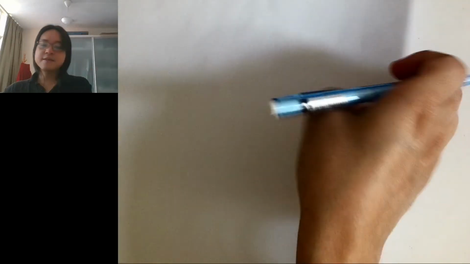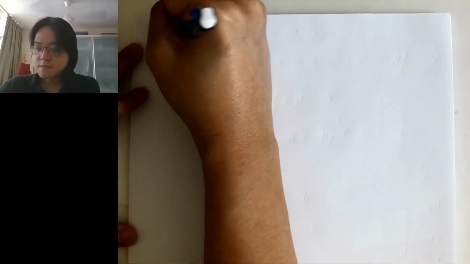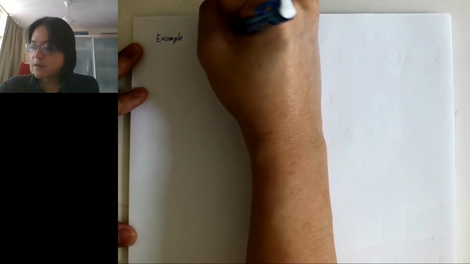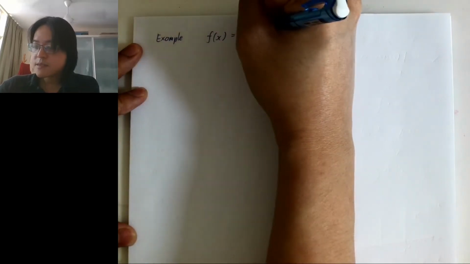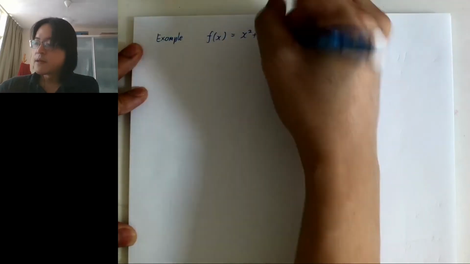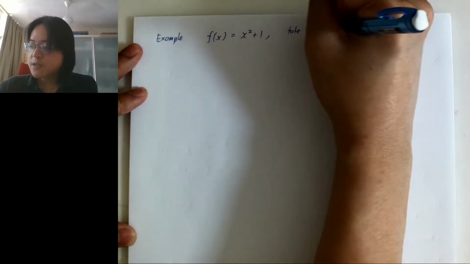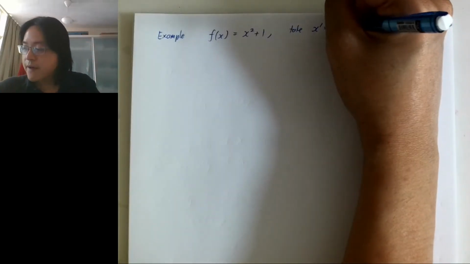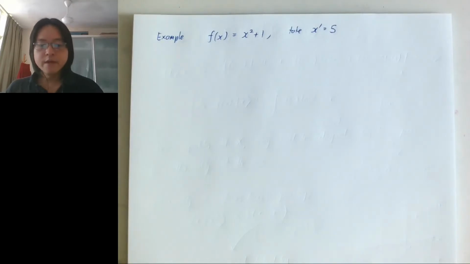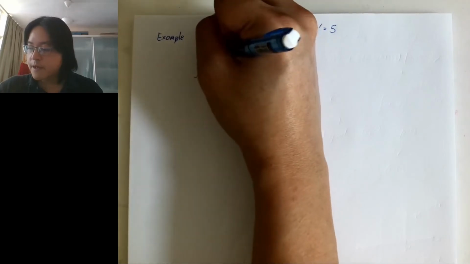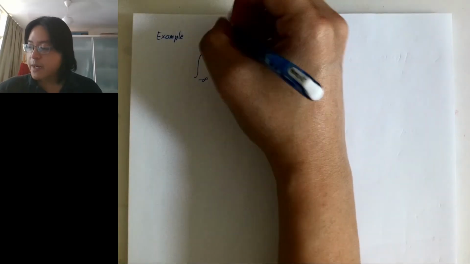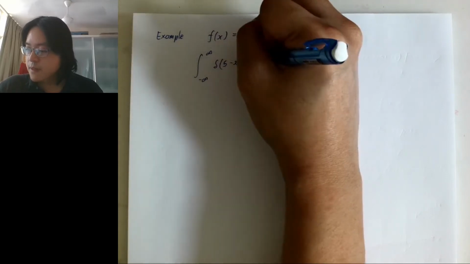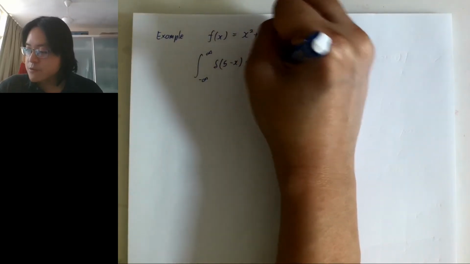So let's take an example. Let's say I'm given a function x squared plus 1, and let's say I take x prime. It's not a complex conjugate, it's just some other value of x. So let's say this value of x is equal to 5. Using the property, the integral of delta of 5 minus x times my function f(x), x squared plus 1, with respect to dx.